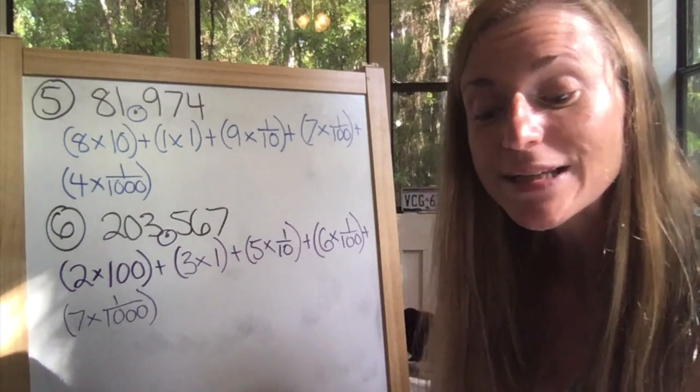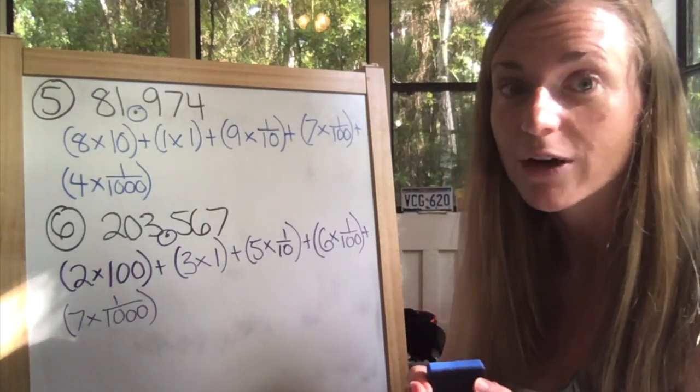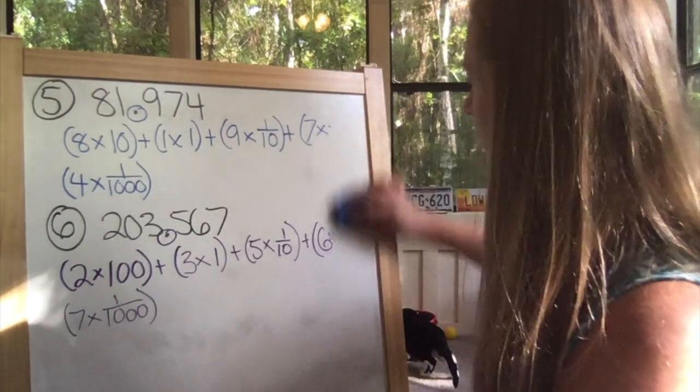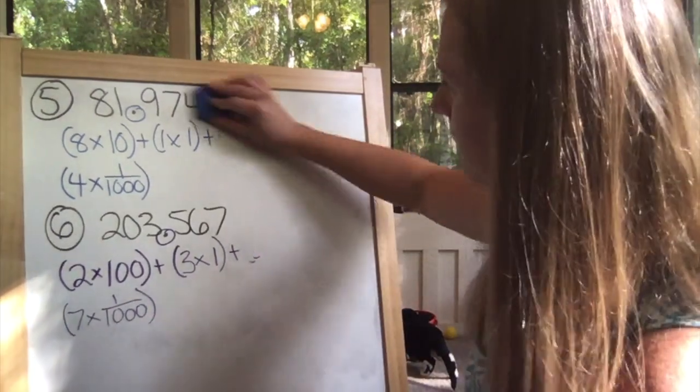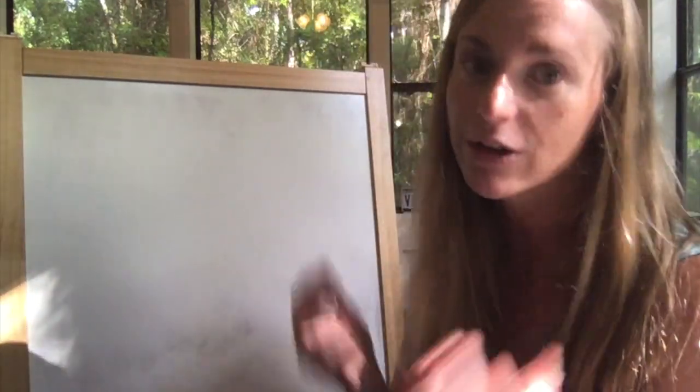Let me go ahead and erase it and move on to our last two problems where we're going to go from expanded form to standard form. So again, for number 7, you can watch what I'm doing. You're going to write down number 8.